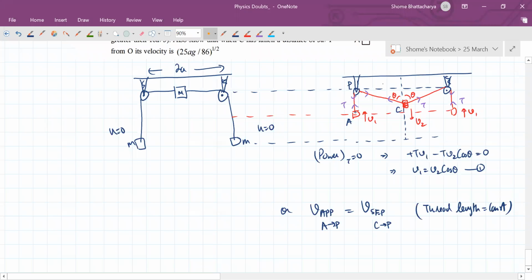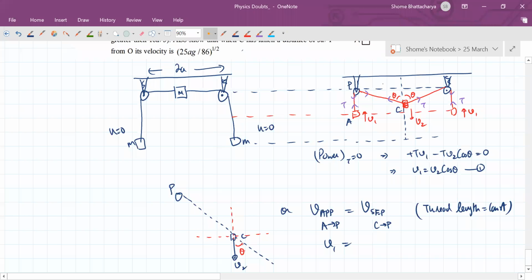Okay, so you can see the block A is directly moving towards the pulley P, so the approach velocity is v1, but this point C is actually moving. See where this block is there, that point, it is actually moving vertically downwards. So C is moving like this at v2, whereas the point that we are considering where the pulley is there, that is this point P. So with respect to this line, C's velocity is such that this angle is theta.